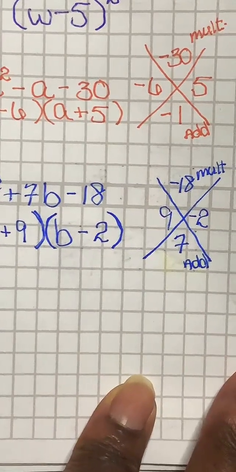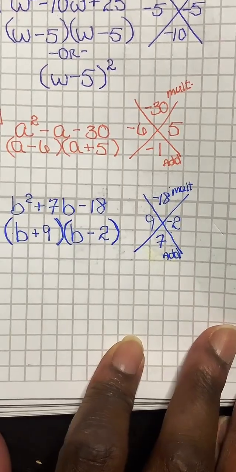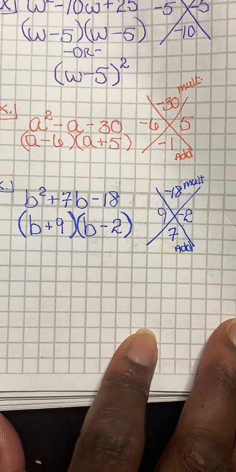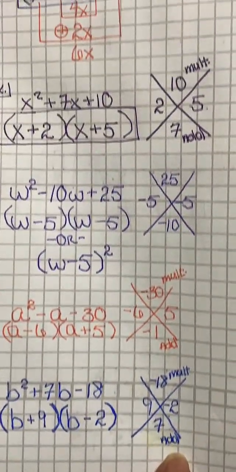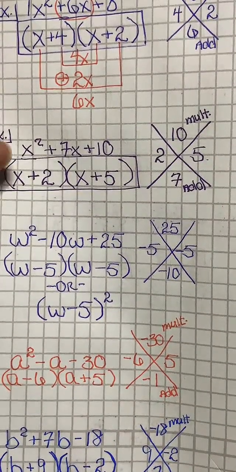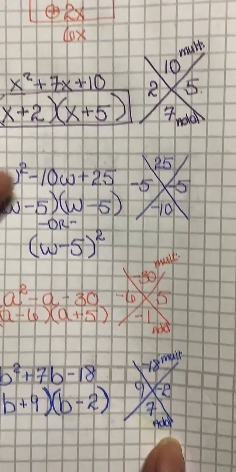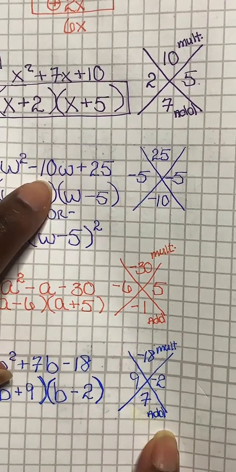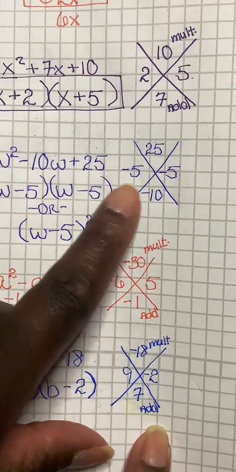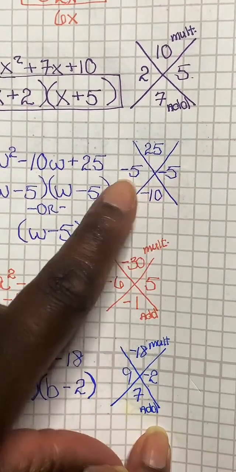Okay, any questions? Okay. So when they're both positive, it's easy for us to figure out. When the C is positive but the middle number, the B, is negative, that means both of your answers are going to be negative.